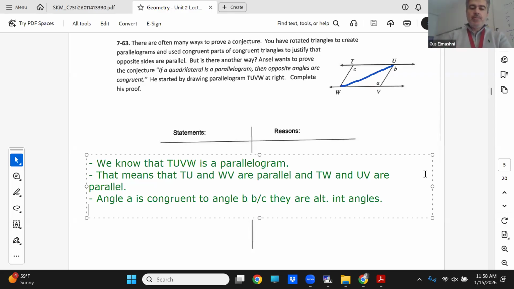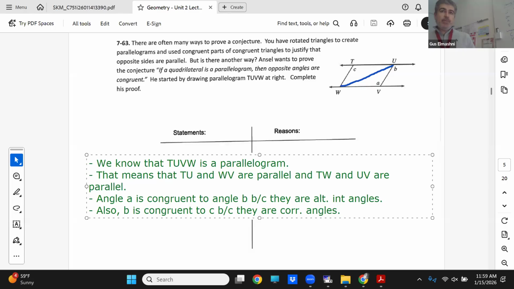Also, B is congruent to C because they are corresponding angles. You guys remember corresponding angles?